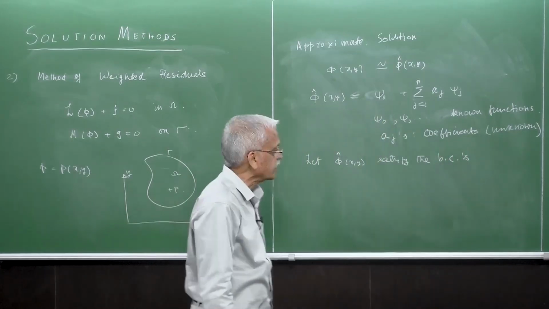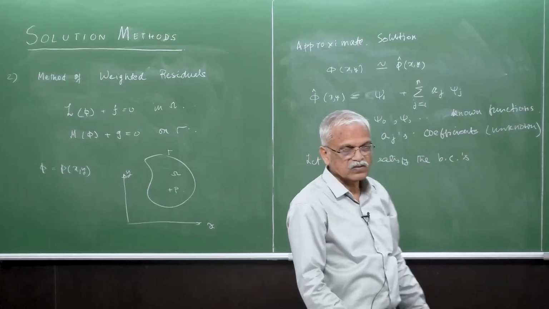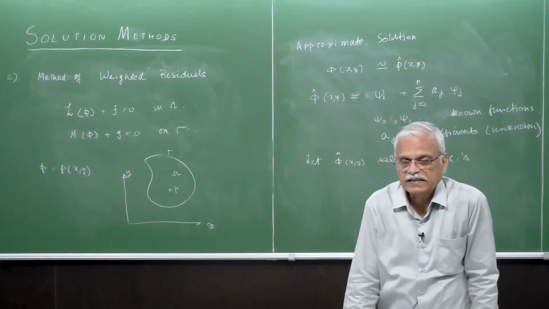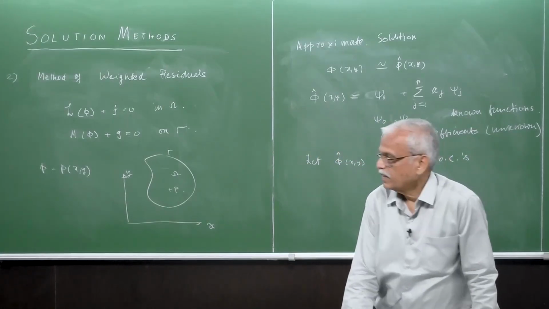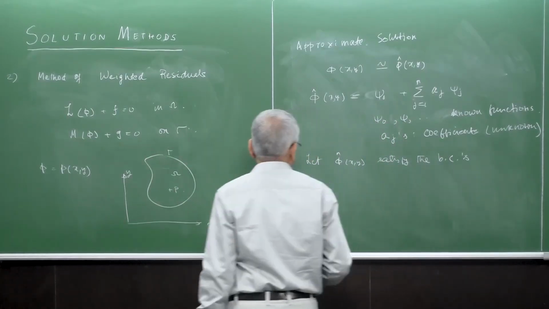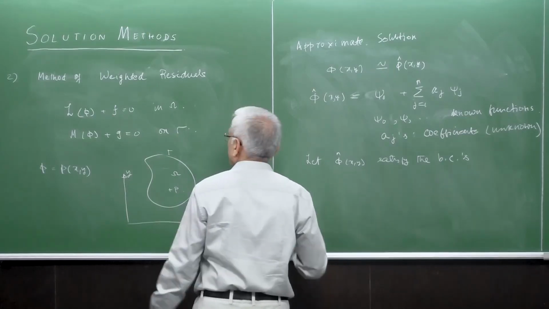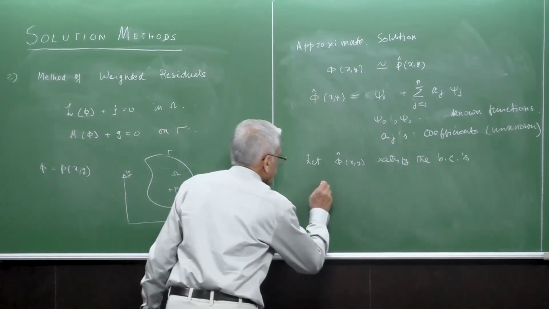As a precondition, we devise this psi naught and psi j's so that phi hat as such will satisfy this boundary condition. Okay, so what do we mean by this?